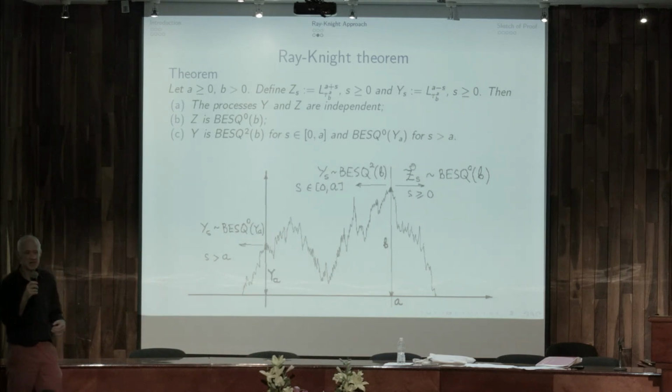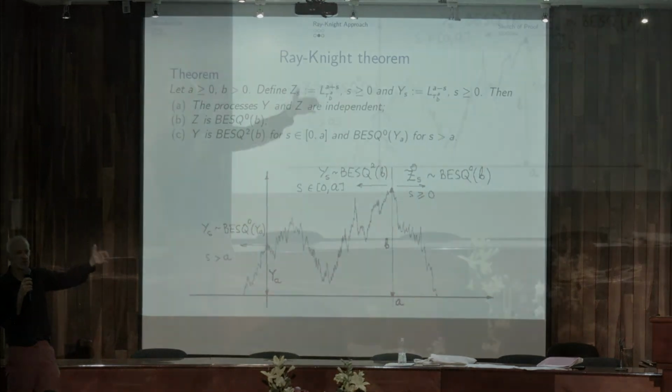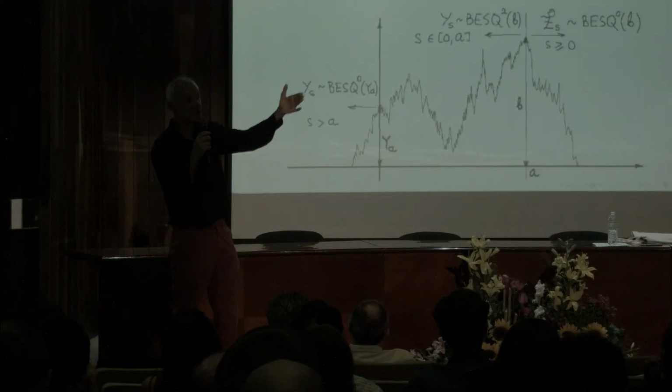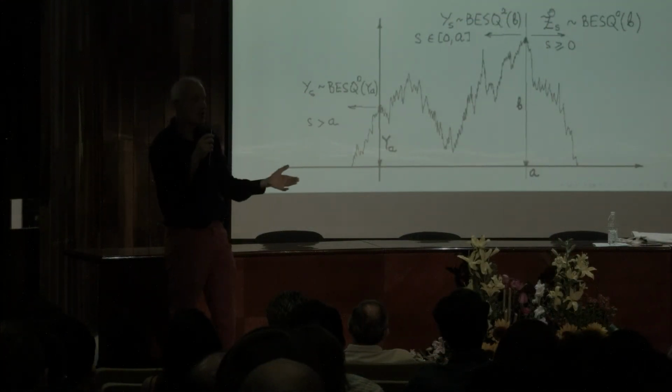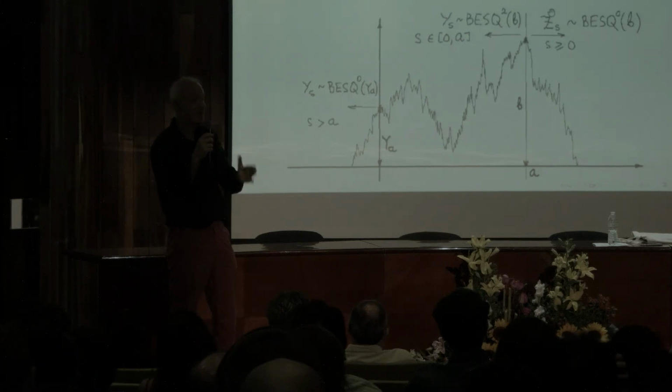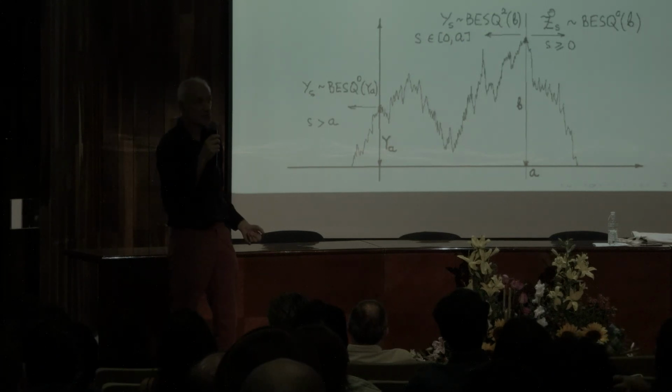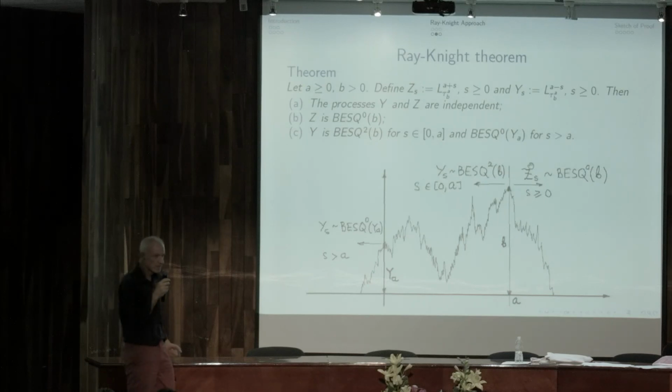If you take B to be 0, what you're really talking about is not the first time the local time at A exceeded B. You're talking about the first time the Brownian motion hit A. Okay?